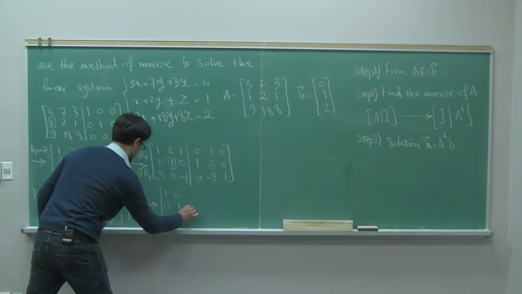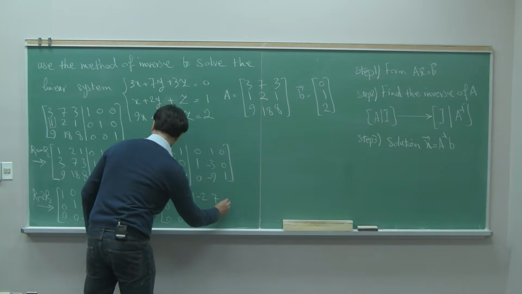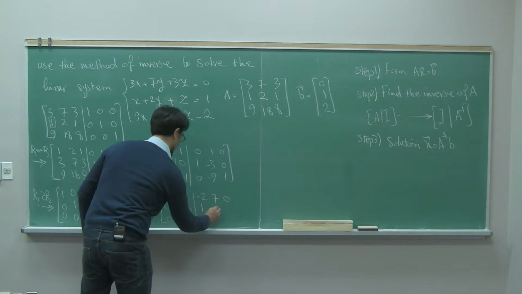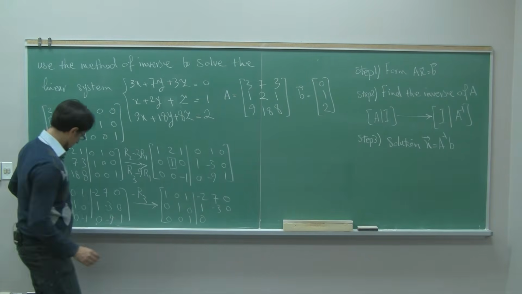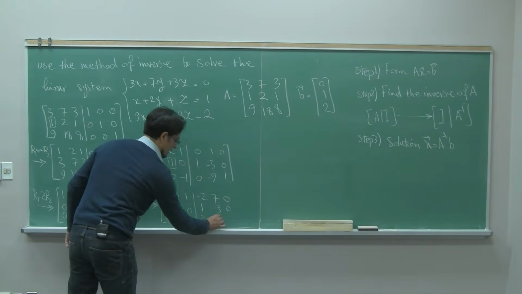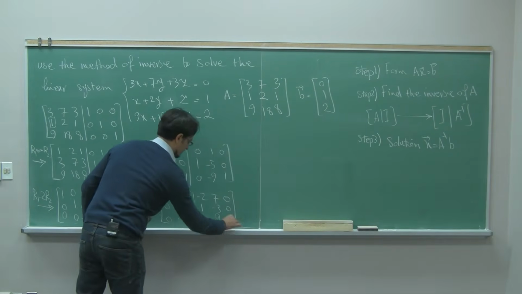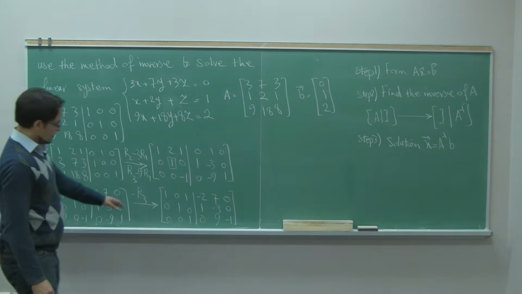So I get 1. I don't change the other rows. So I will have negative 3, 0, 0. Multiply row 3 by negative 1. This is 1, 0, 9, negative 1. OK. I'm almost done.